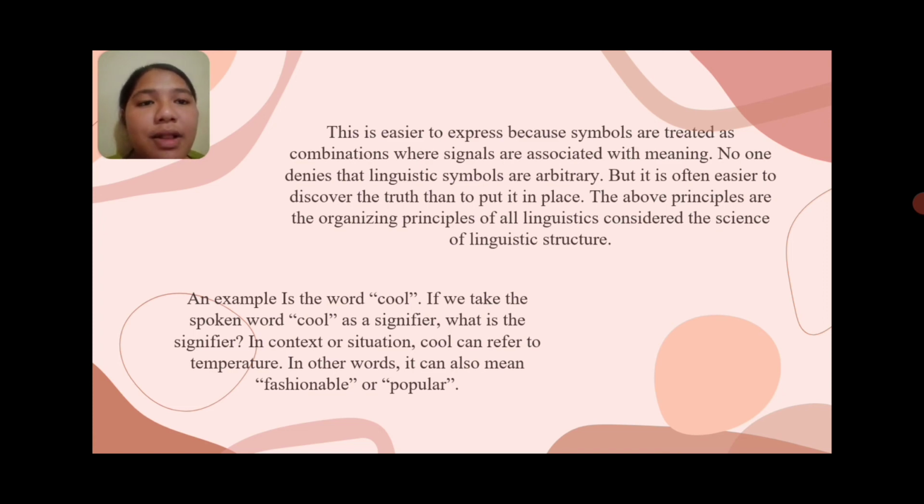An example is the word cool. If we take the spoken word cool as a signifier, what is the signified in the context or situation? Cool can refer to the temperature of the weather. It can also mean fashionable or popular. Next.